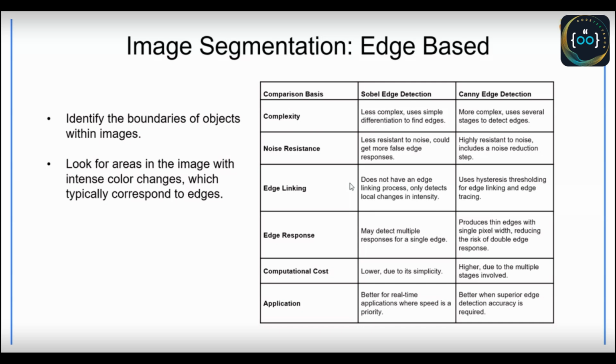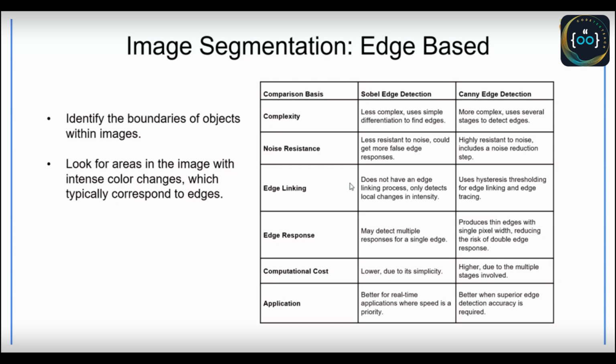Basically, there are two types of techniques when it comes to edge based image segmentation. One is Sobel edge detection, and the other is Canny edge detection. Sobel edge detection is a straightforward and computationally efficient method for edge detection. It operates by convolving the image with a pair of 3 by 3 kernels. These kernels are designed to respond maximally to edges running vertically and horizontally relative to the pixel grid.